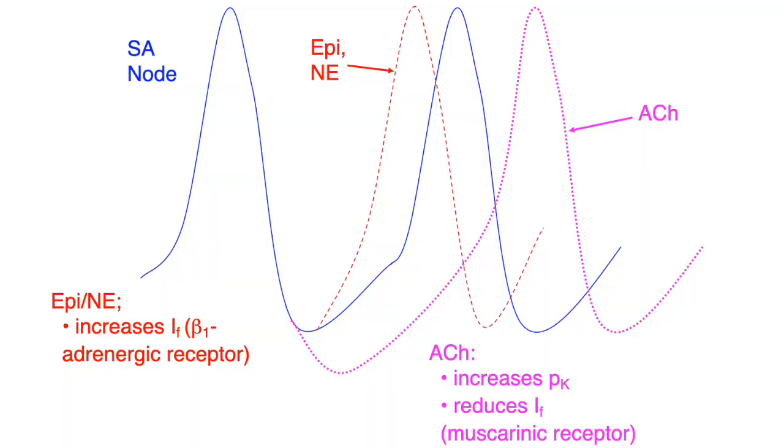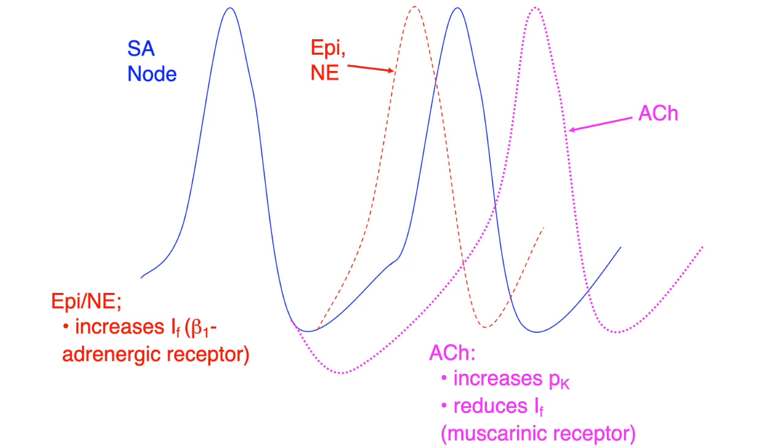The opposite happens with acetylcholine for a slightly different reason. So in this case, acetylcholine changes the potassium conductivity, the background potassium conductivity or permeability, and that drives the minimal membrane potential, we don't call it resting potential anymore, but this most negative, most polarized potential into a more negative range.